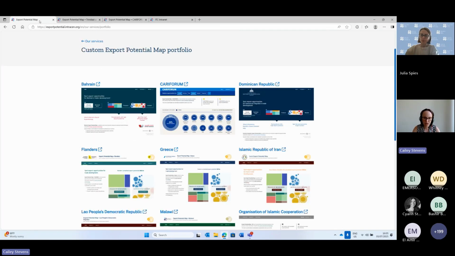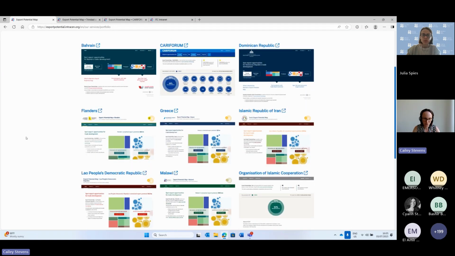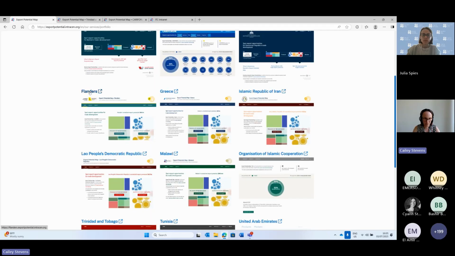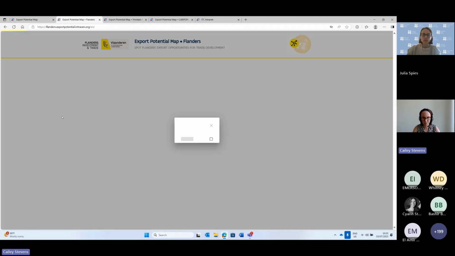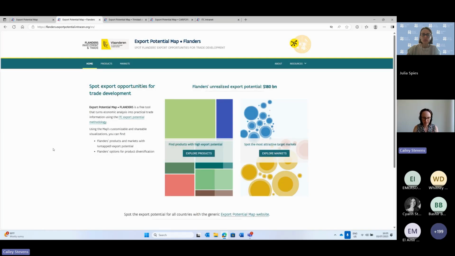To show you another example, we've developed an export potential map for Flanders. So this is just looking at the Flanders region.